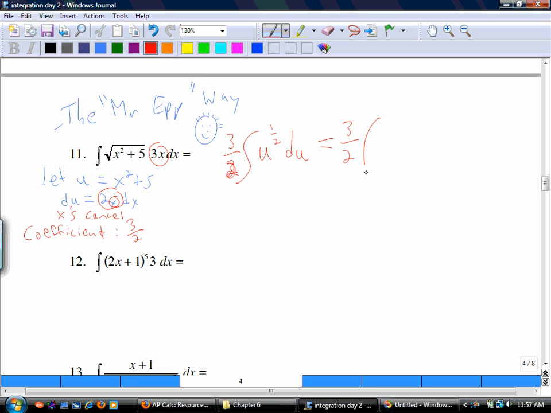And that's 3/2 times what? U to the, good, 3/2, all plus c. Cancel, cancel, because they're both reciprocal. And I'm left with just x squared plus 5, all to the 3/2 plus c.